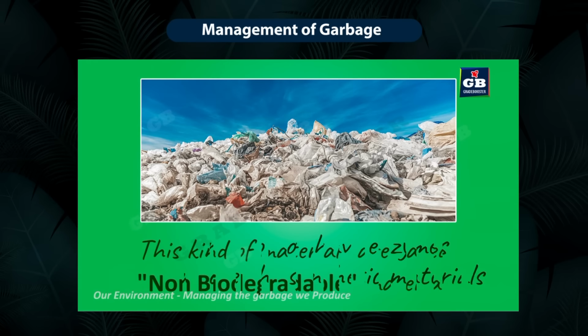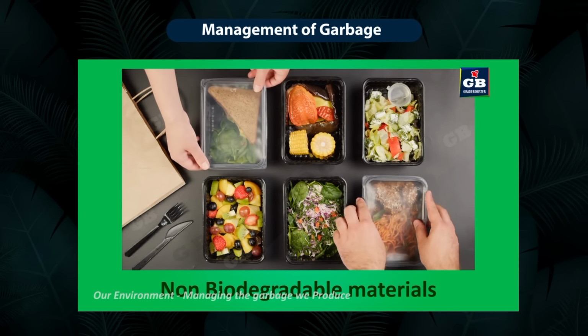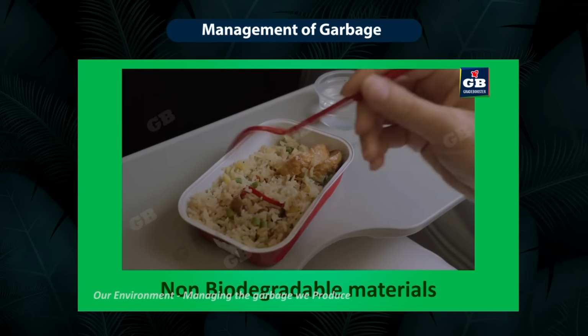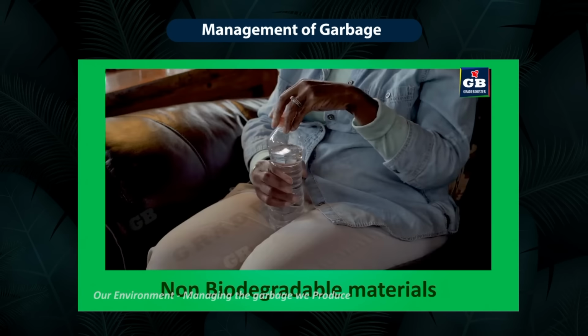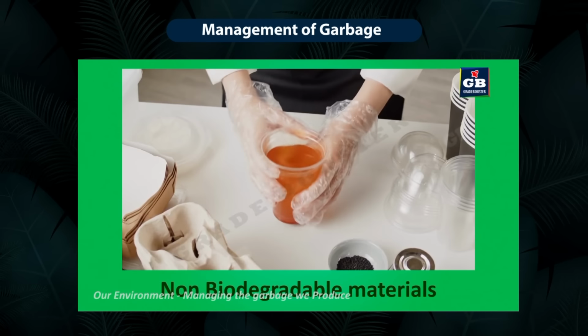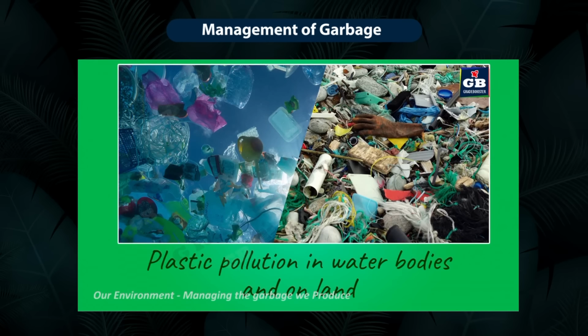These kinds of materials are called non-biodegradable materials. Disposable plates, spoons, cups, polythene covers, plastic bottles, synthetic clothes, glass, all these are examples of non-biodegradable materials.